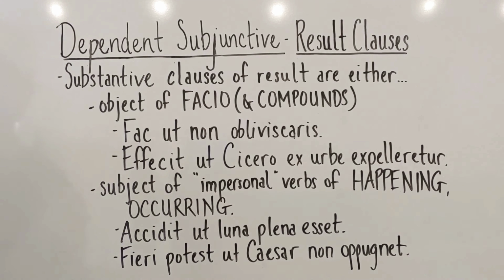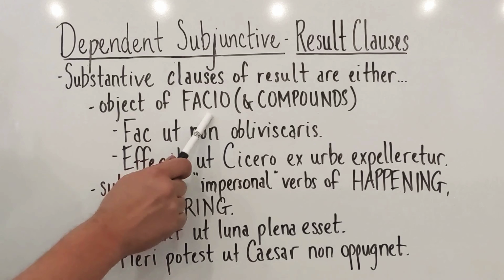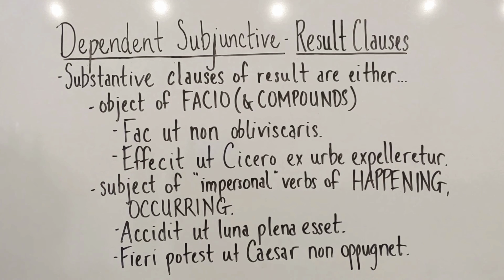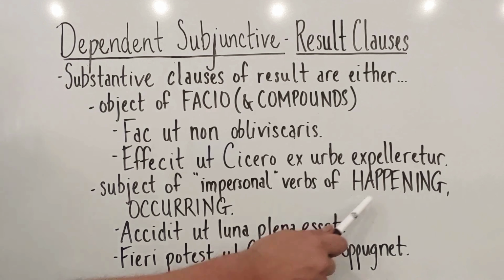Fieri potest, ut Caesar non appugnet. Fieri potest, this is Latin's way of saying, it's possible, possibly. It is able to be done. It is able to be. It is able to happen. Remember that facio, to make or to do, its passive is fio, fieri, factus sum, a semi-deponent verb, which means to happen.